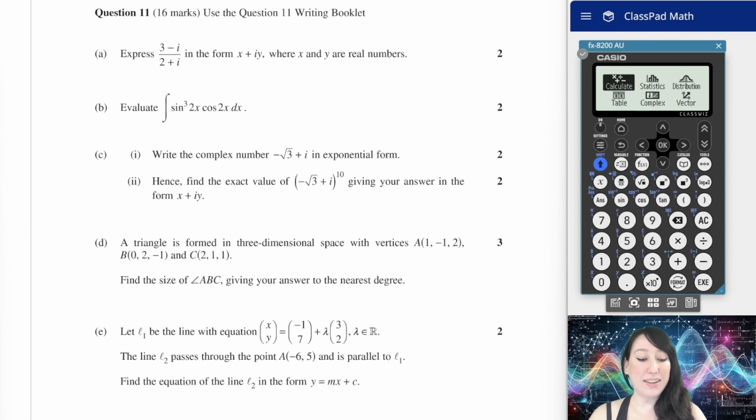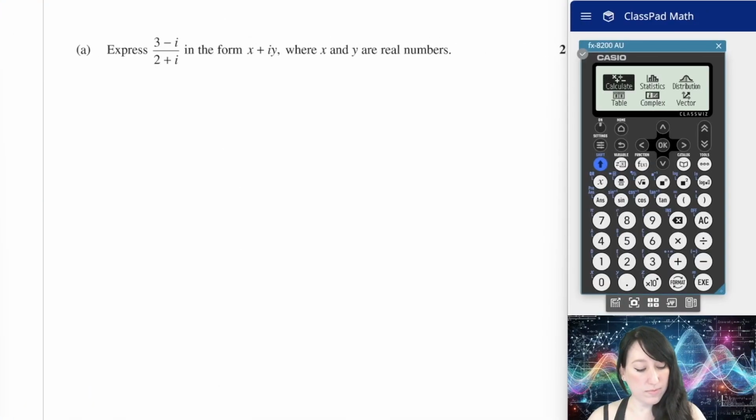Question 11a. Express (3 minus i) over (2 plus i) in the form x plus iy, where x and y are real numbers. Okay, so what we need to do here is multiply the numerator and denominator by the conjugate of the denominator. So we'll expand.